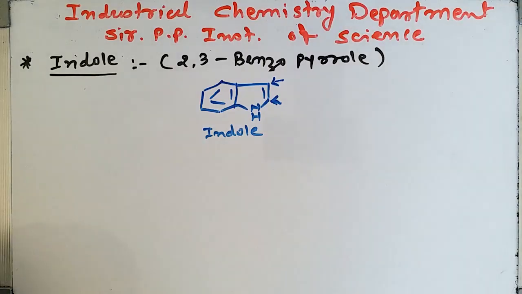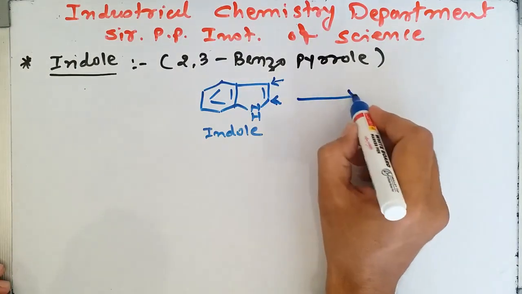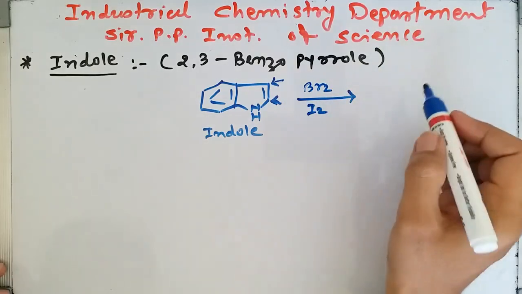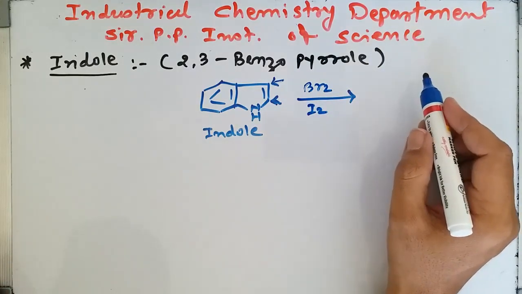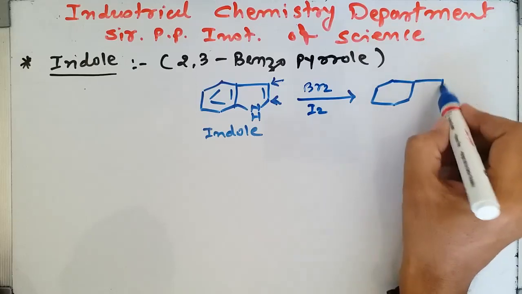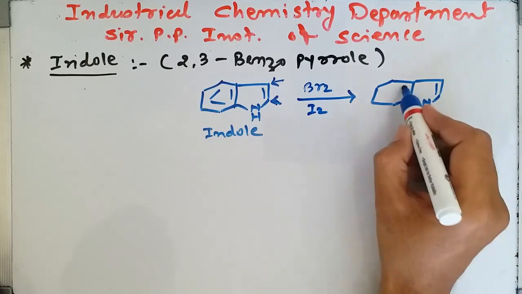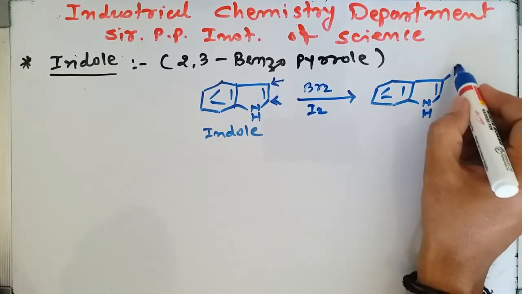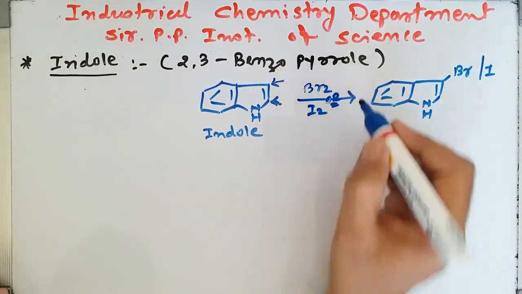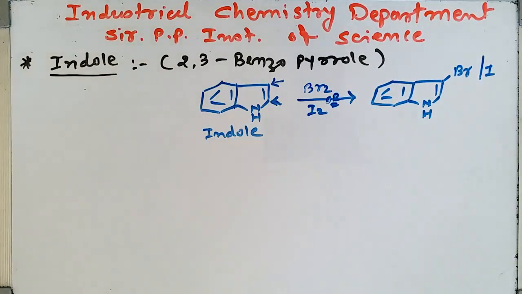When treated for halogenation with bromine or iodine, 3-bromo or 3-iodo-indole is obtained.